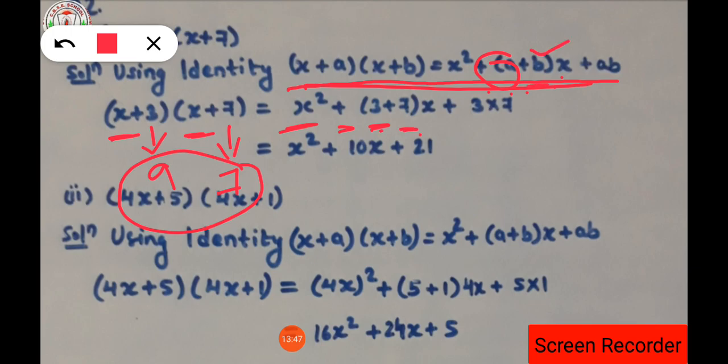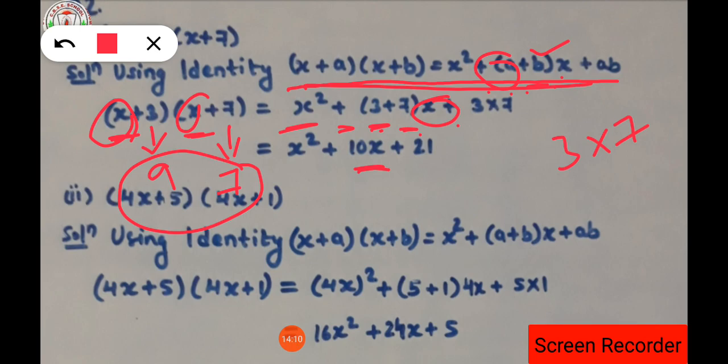Then 3 plus 7 is 10, and x is the first term given in both expressions. Then last, plus ab, that means a is 3, b is 7, so 3 into 7 is 21. So what will the answer be? x square plus 10x plus 21.